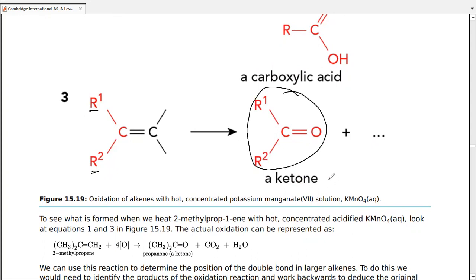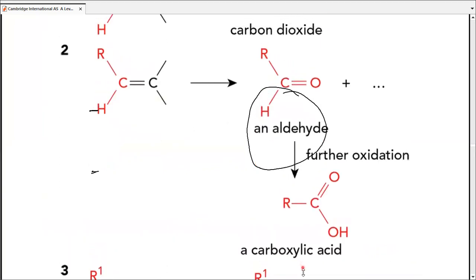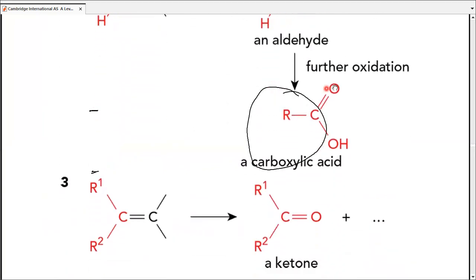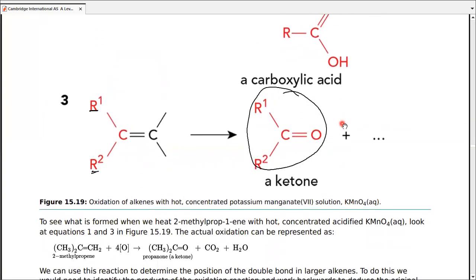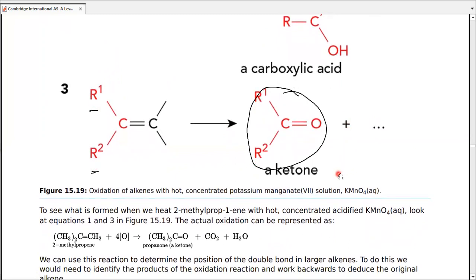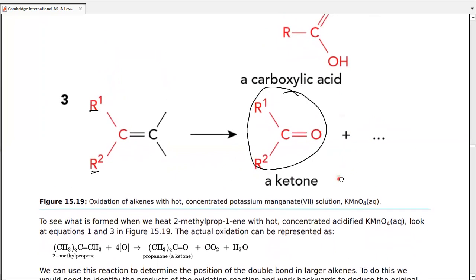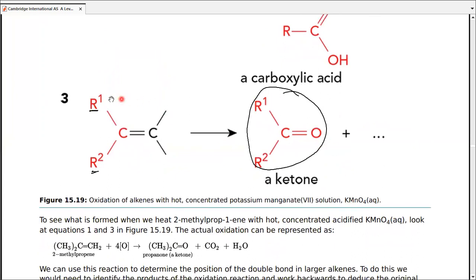Now, I'm specifically saying this line because this has been used in paper one for creating confusion: if an aldehyde, like in the previous case, was converted into a carboxylic acid upon further oxidation, would a ketone be converted into something? No, it isn't. So if a structure has two alkyl groups attached to one carbon, the double bond is going to entirely break, and just this portion would be converted into a ketone.